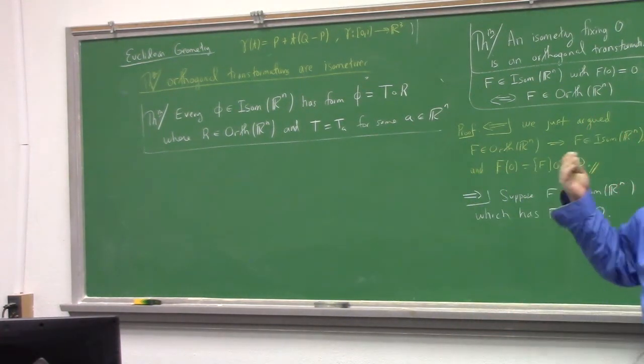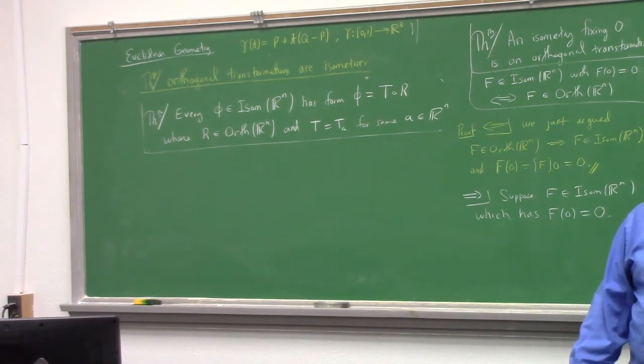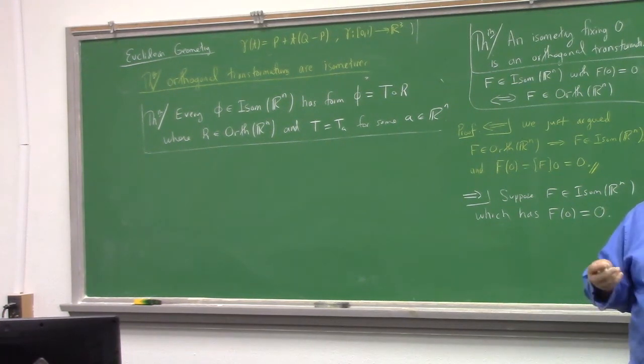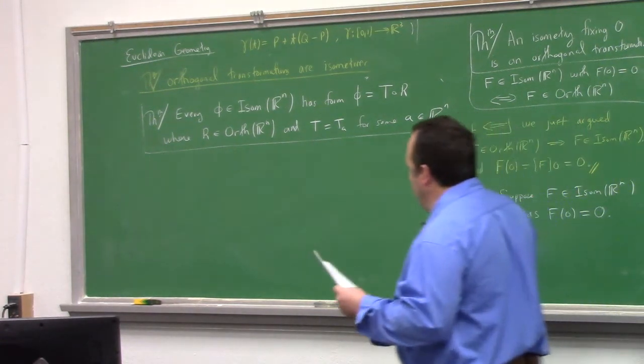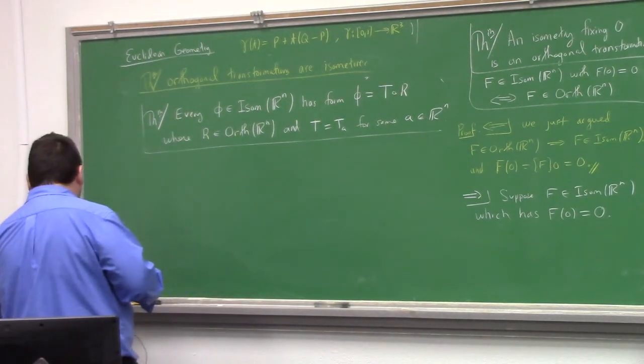And if you dig down into orthogonal transformations, each one can be written as the composition of a rotation and a reflection. So generally speaking, you have a rotation, a reflection, and a translation. Compose those, you've got an isometry.